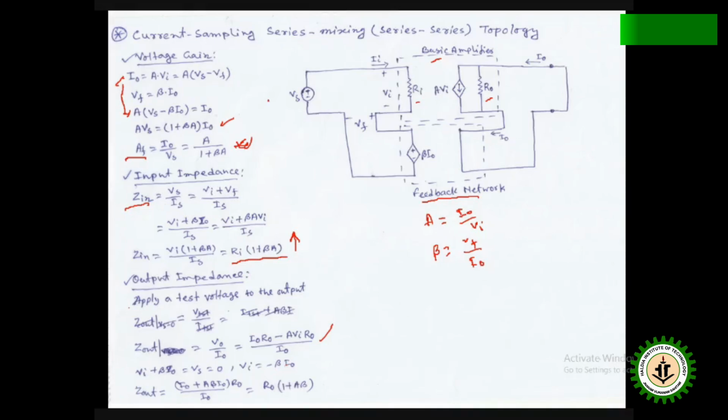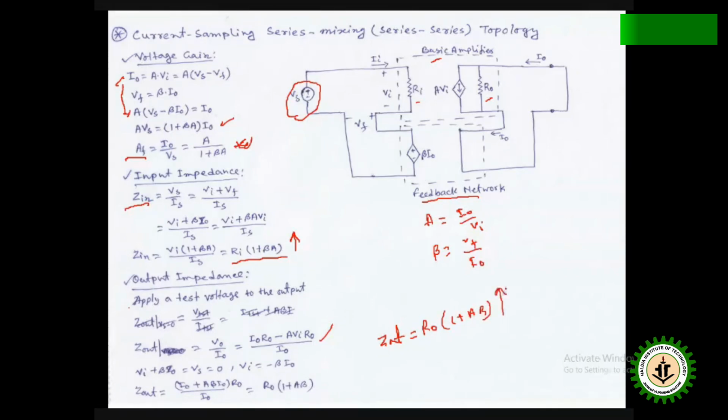We make Vs zero to find the output impedance. So the output is I naught plus A beta I naught, into R naught by I naught. So we can say Zout is equal to R naught (1 plus A beta). So in this case also it increases.